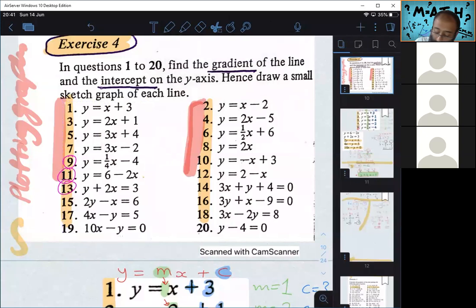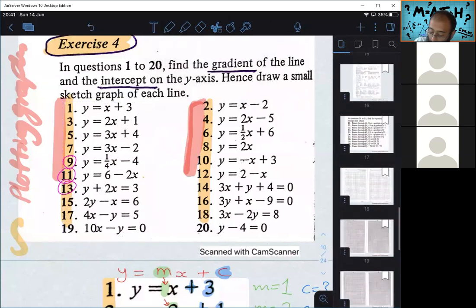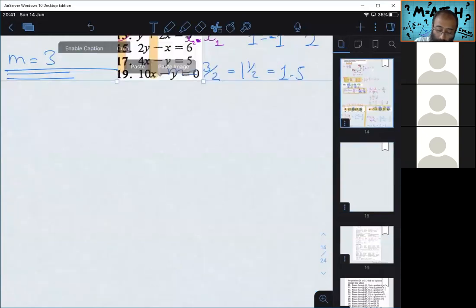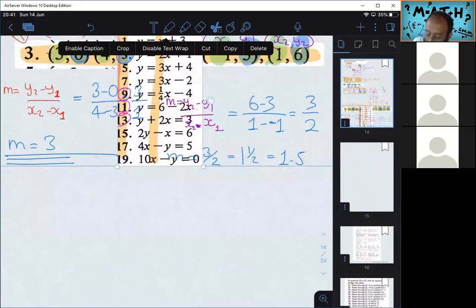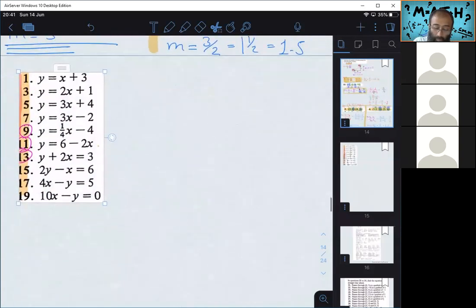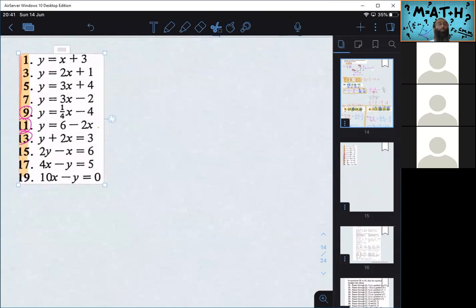Okay, let's copy that. Let's go down here. That's better. Okay, folks, let's have a look at this. Let's practice some graph plotting.